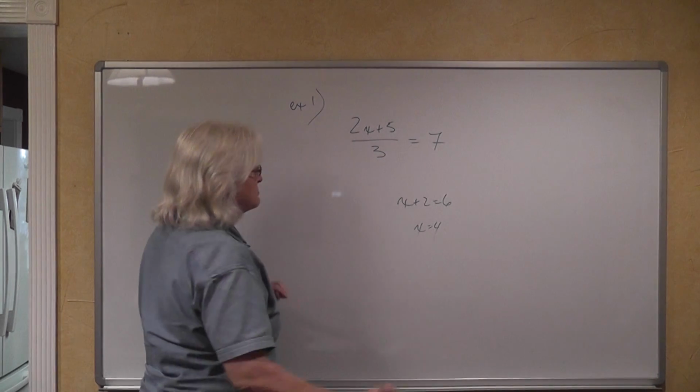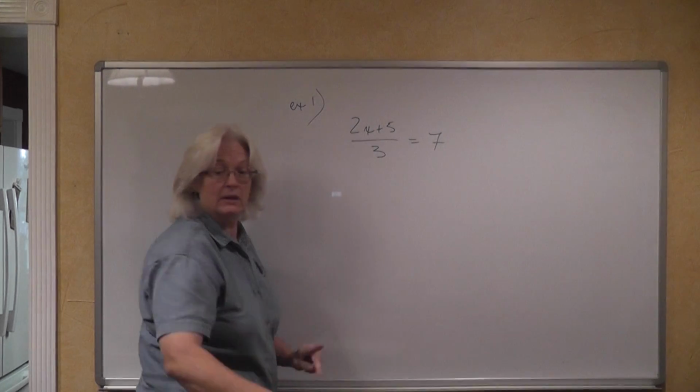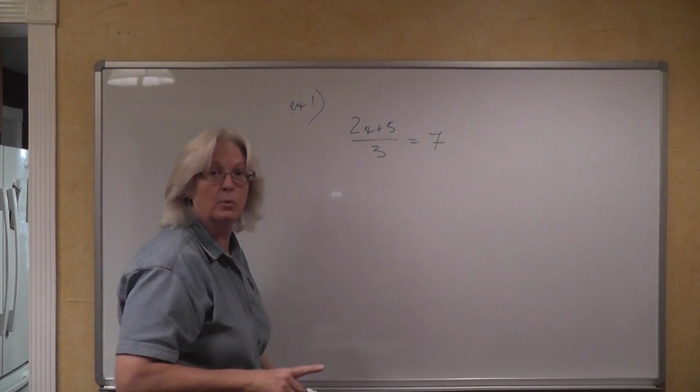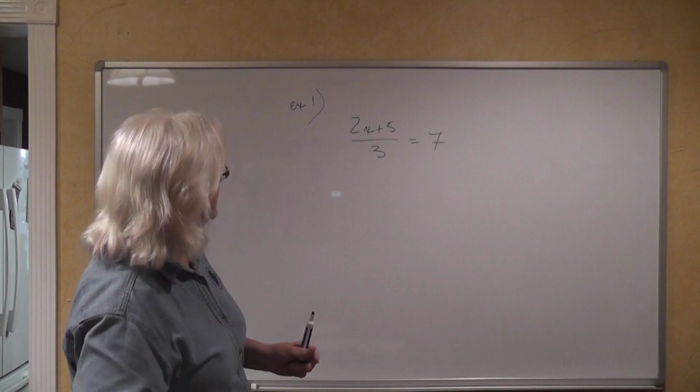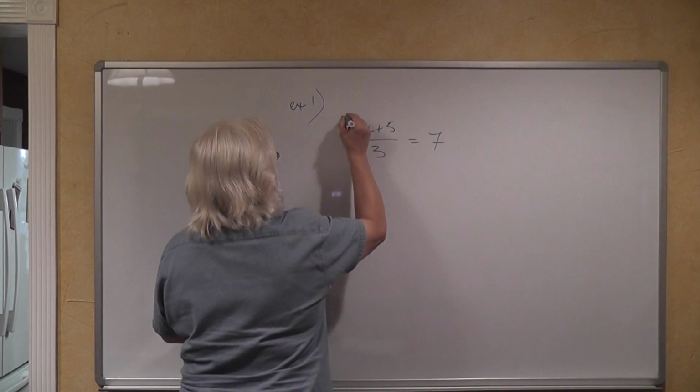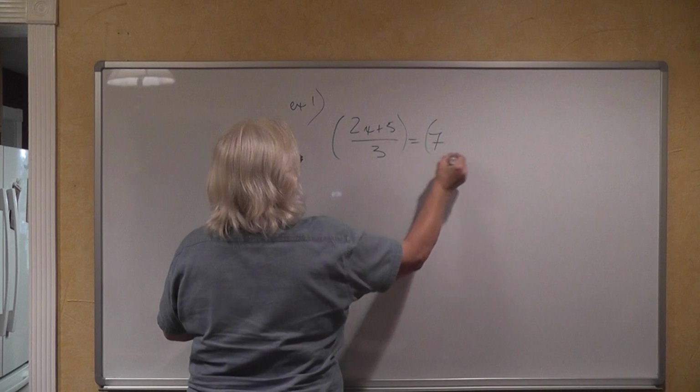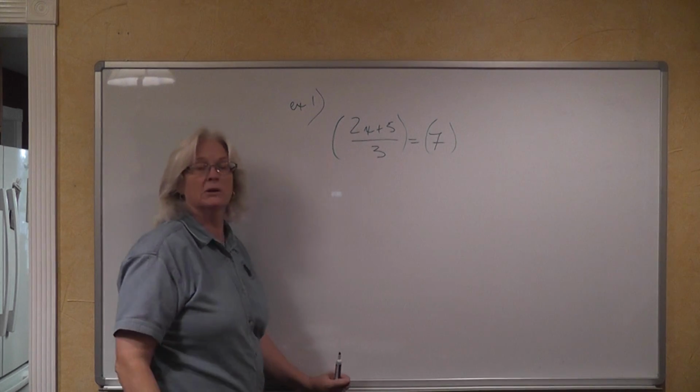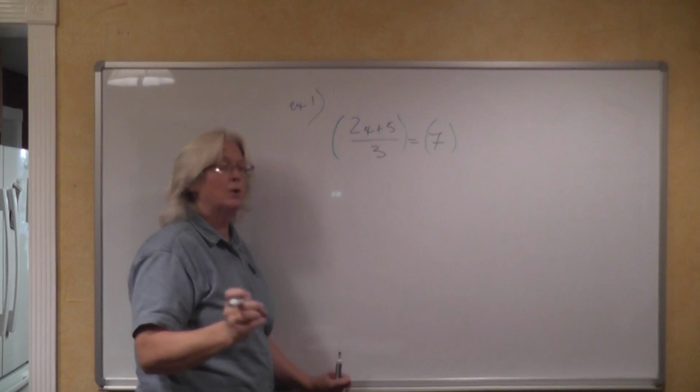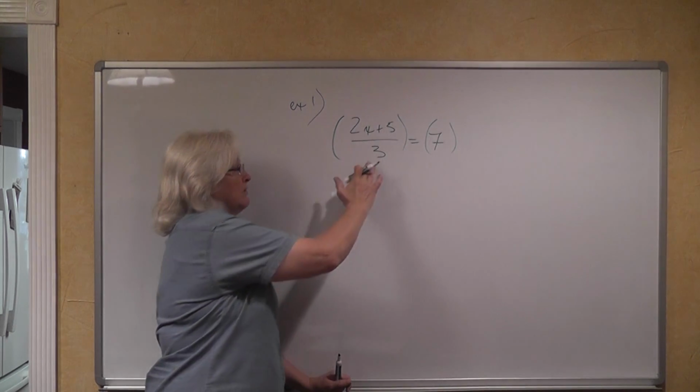First thing to recognize right here off the bat is that we've got a fraction. And we're going to solve this by clearing the equation of fractions by multiplying both sides of that equation by the least common multiple, or the lowest common denominator of the fractions.